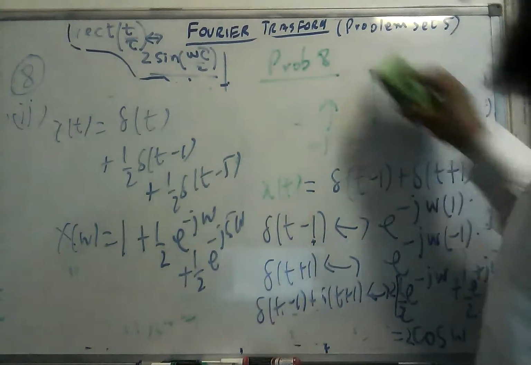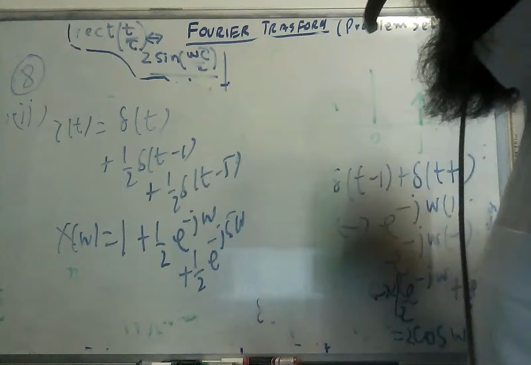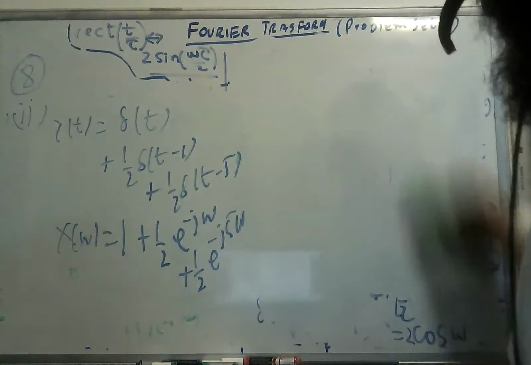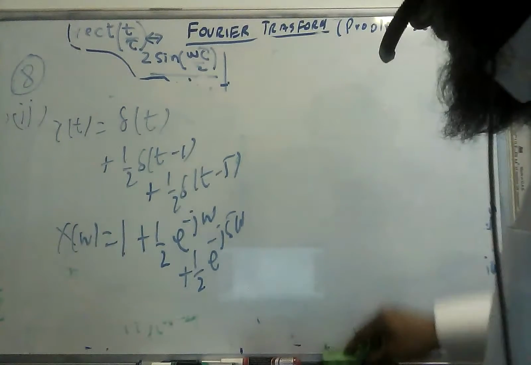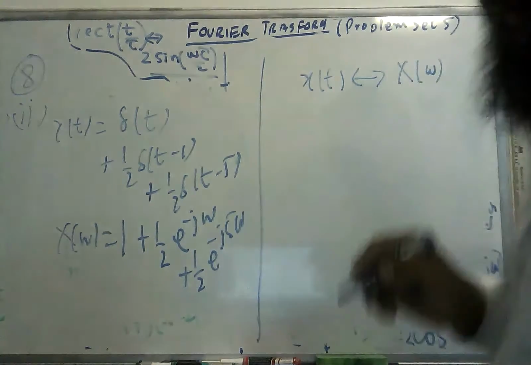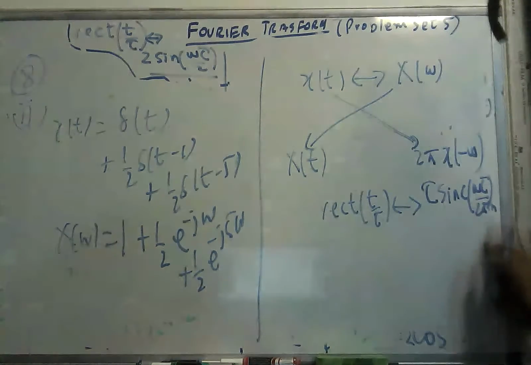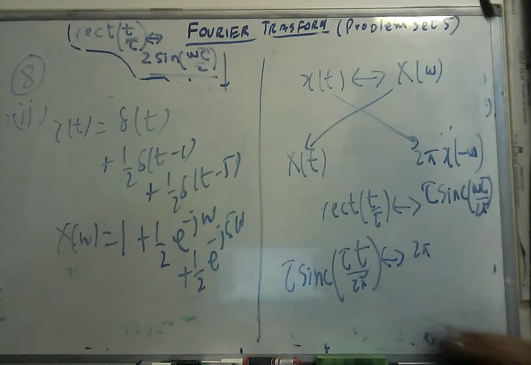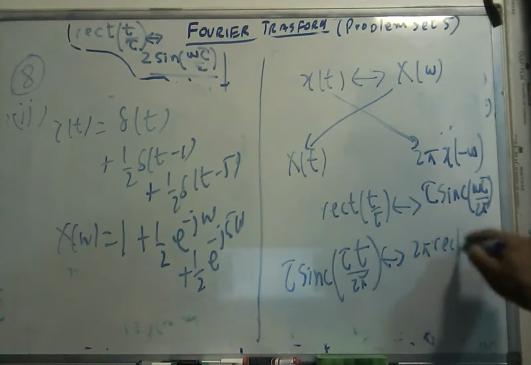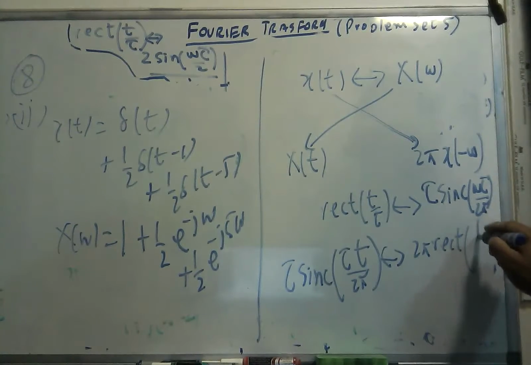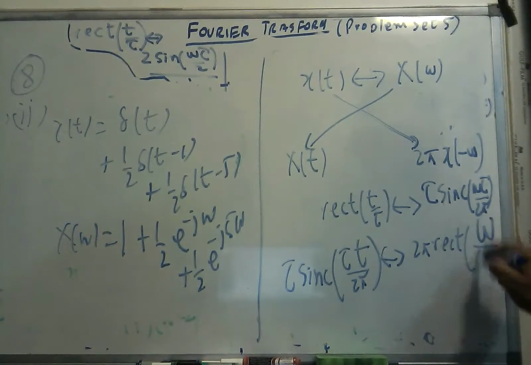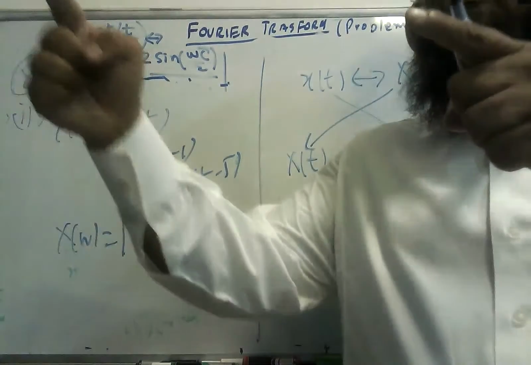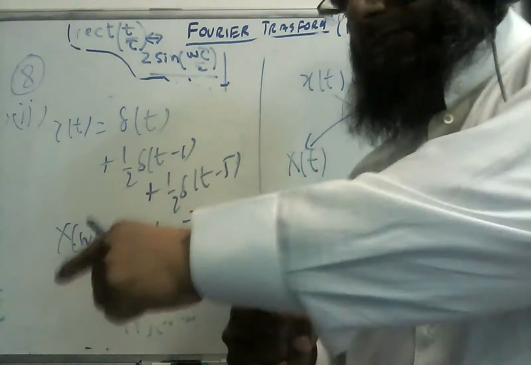So this property says that if the transform is X of omega, then the Fourier transform is 2 pi times the rectangular, bringing the Fourier to the time and time to the Fourier.